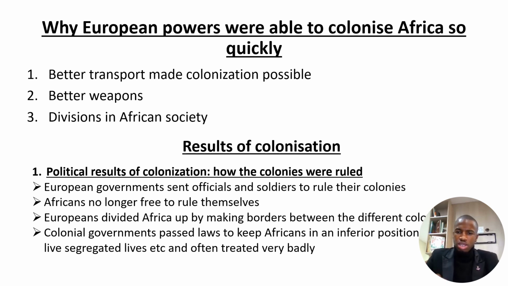These laws aimed to grind down African people, to tell them that you are nothing compared to European people. In this sense, Africans ended up living a life of segregation and were often treated very badly. And very badly means that it was brutal because it also led to genocide, to mass killings of African people at the hands of colonizers.